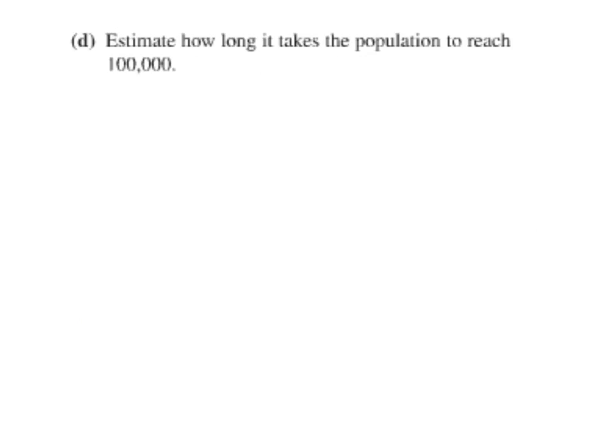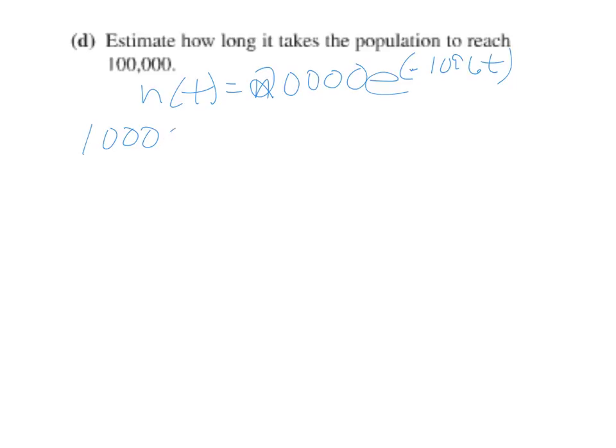Part D, estimate how long it takes the population to reach 100,000. So here's our basic formula again, 0.1096t. And we want to end up with 100,000 deer. So 100,000 equals 20,000 e to the power of 0.1096t.